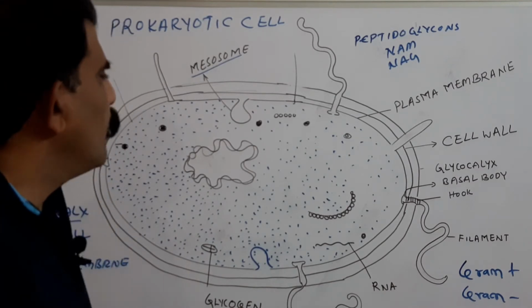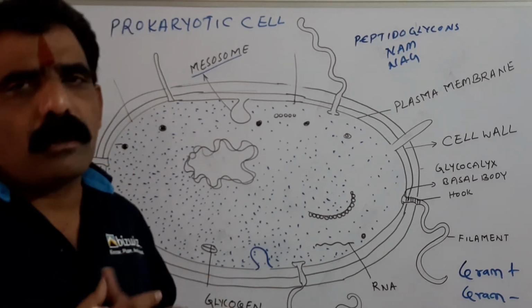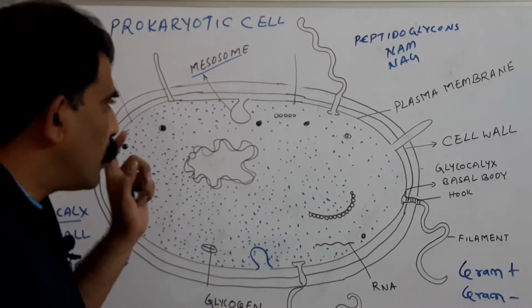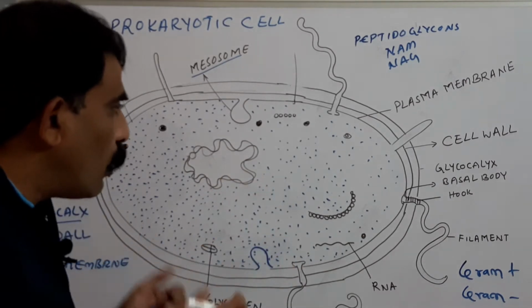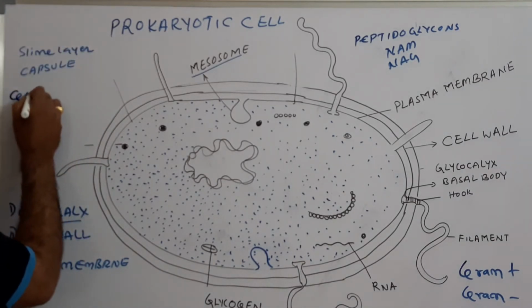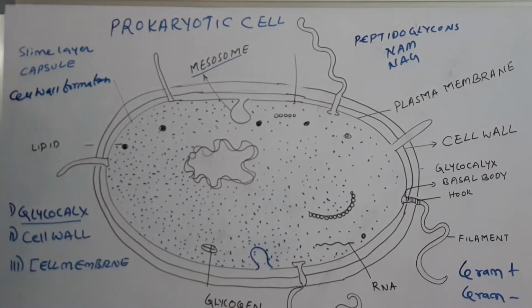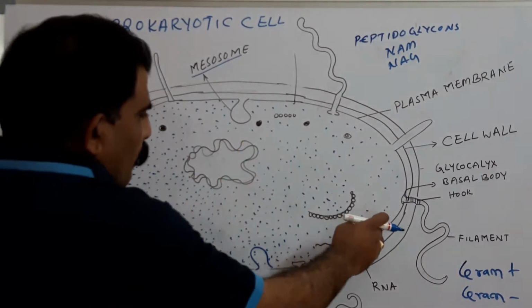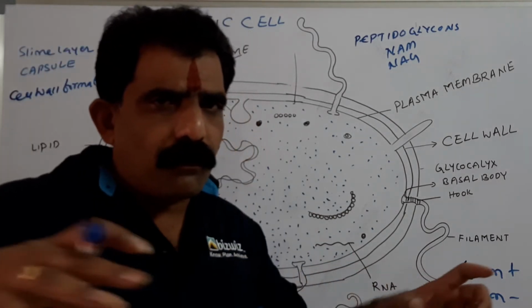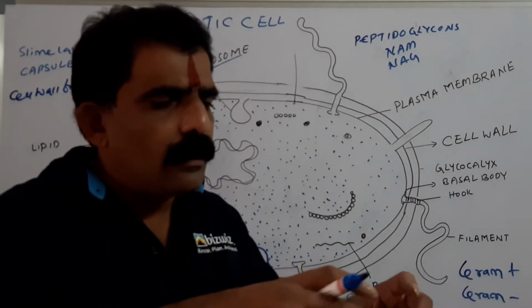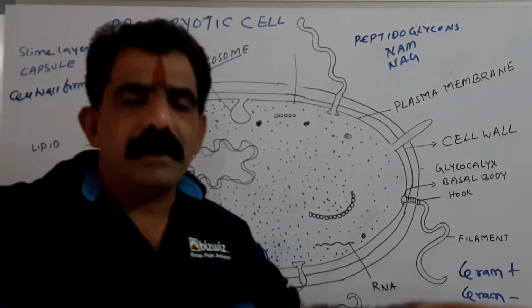Another function is that mesosomes help in the replication of the DNA. So they are involved in replication, in binary fission, and even in cell wall formation, which is secretory in nature. Here many mesosomes are present. Actually, mesosomes are infoldings. If they are unfolded, the surface area of the membrane will be increased.